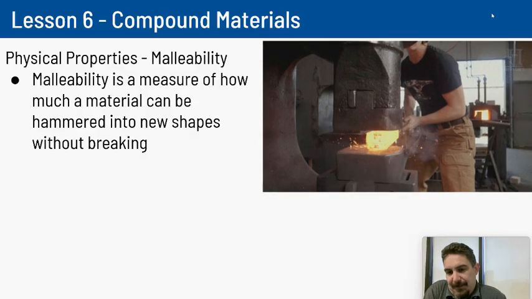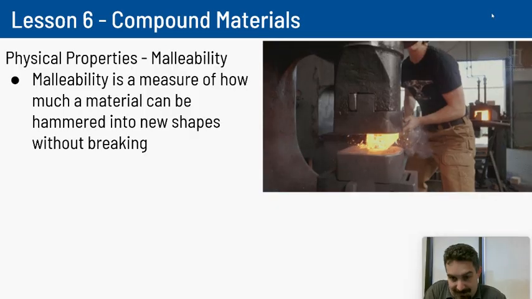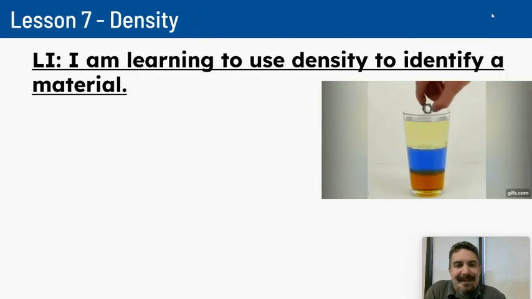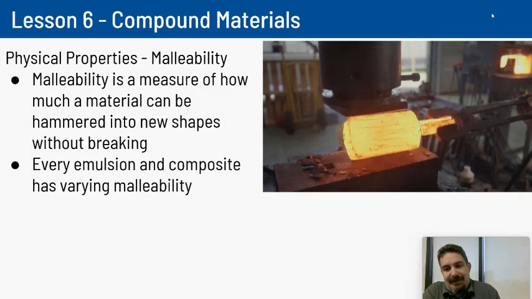If we took a hammer to a piece of wood, we would not expect it to still be a good piece of wood, but we can have that heavy hammer smash that metal and it's still a, quote, good piece of metal. Now, for emulsions and composites, their malleability is based on the materials they're made of, and there's no specific bonus that composites have in this world.